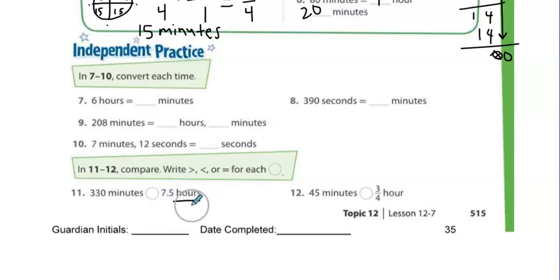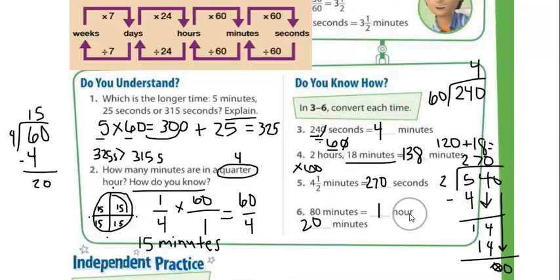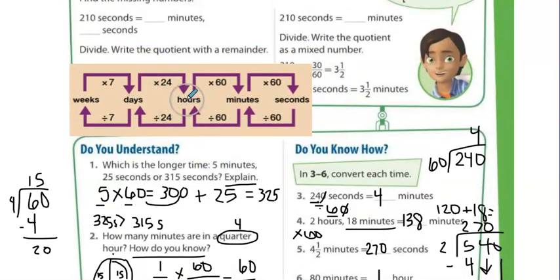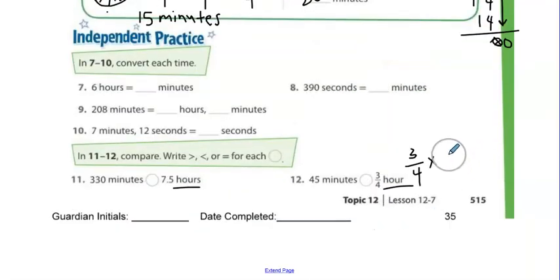So for instance, this one you want to take 7.5 hours and turn that into minutes. And then same thing here, 3/4 hour, turn that into minutes. Remember, 3/4 of an hour is a fraction. So we're going to be taking those hours and turning them into minutes, which means we want to multiply by 60/1.